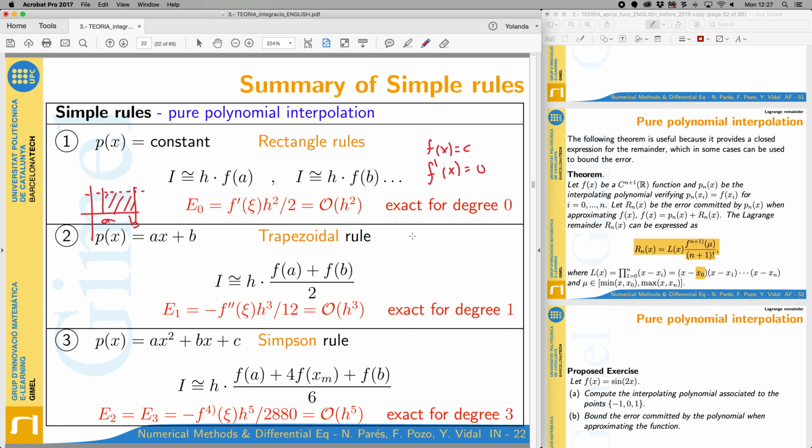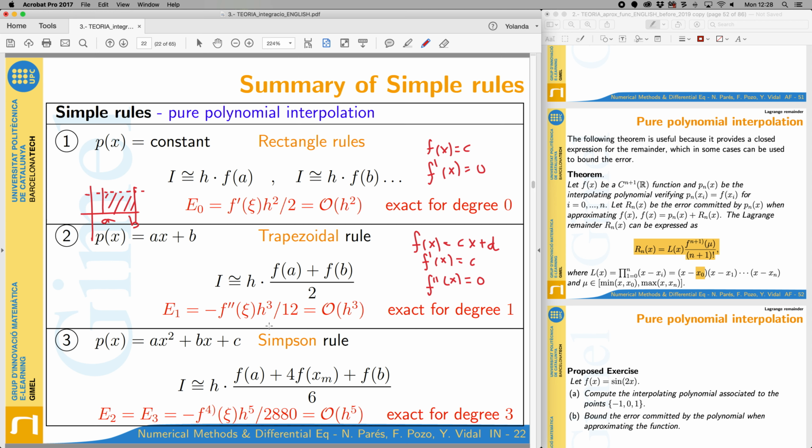If I use here as f of x a degree 1 polynomial, let's use another letter here, cx plus d, of course f prime of x is going to be c, and the second derivative is going to vanish, it's going to be 0. So in this formula, f prime prime is 0 always, and this error is 0. So the trapezoidal rule, as expected, is capable to compute exactly integrals of degree 1 polynomials.